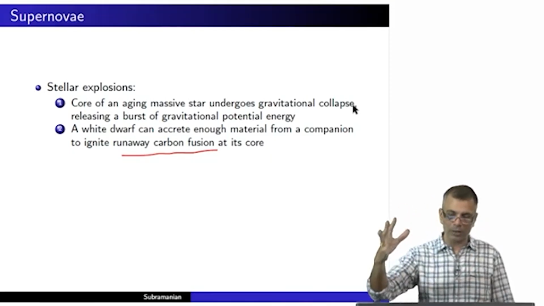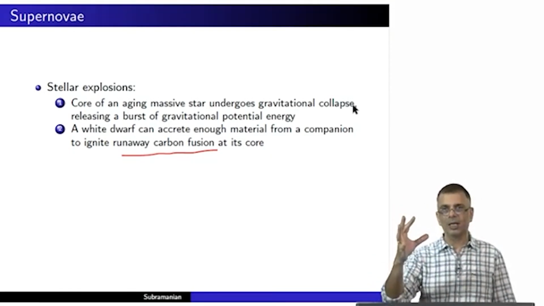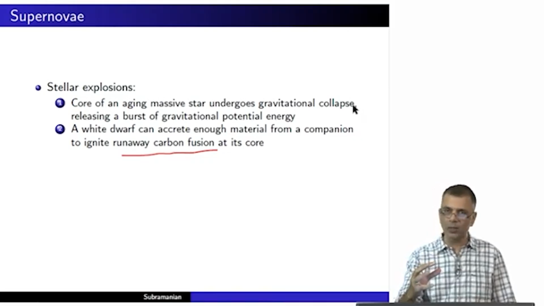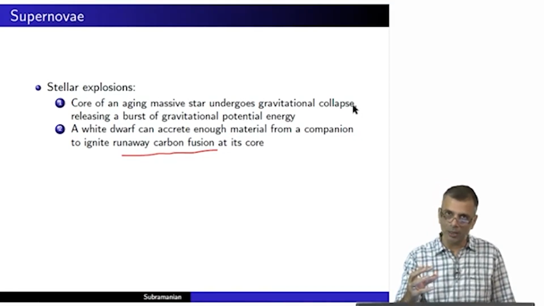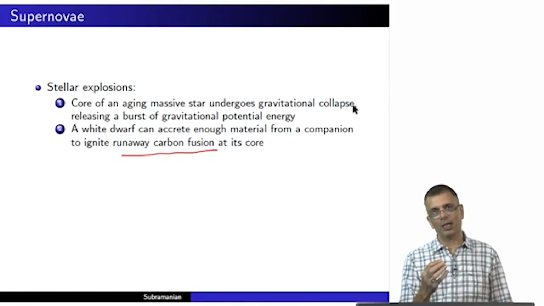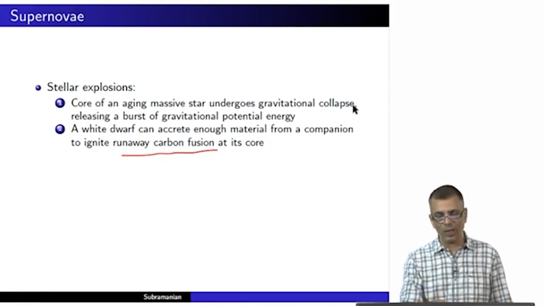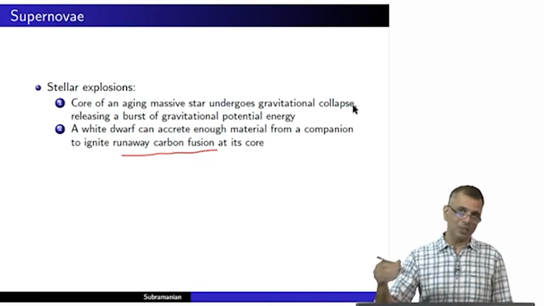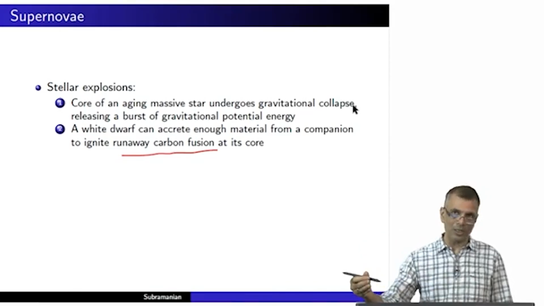The white dwarf starts accreting material, and then the material accumulates at the core, and beyond a point the core becomes so massive that it cannot withstand gravitational collapse. The material collapses, and once the material collapses at the very core, the density becomes so high that it ignites carbon fusion, which is the next sequence. After helium, carbon starts getting fused.